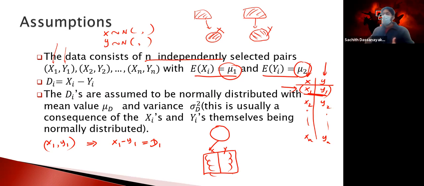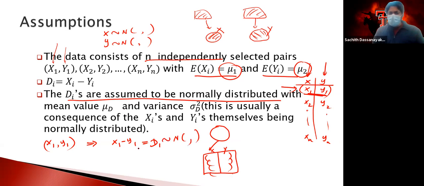Same here, their difference also has a normal distribution. That's why we have assumed that di has a normal distribution. The reason is that individually these guys are normally distributed.